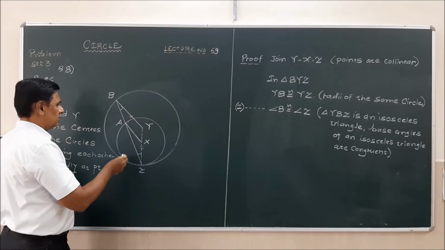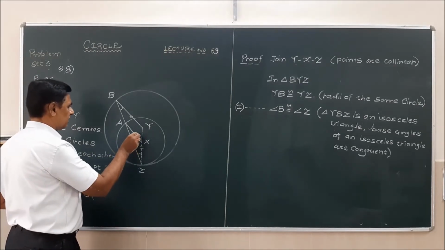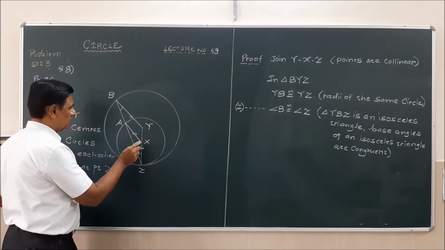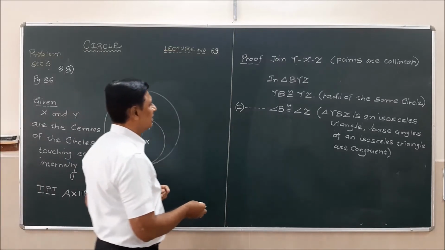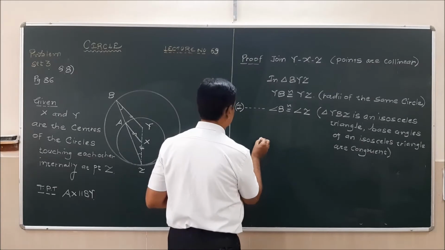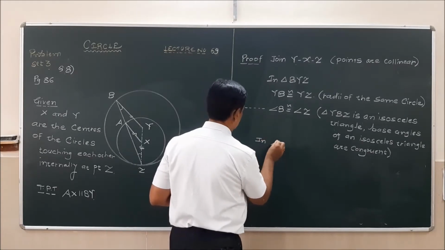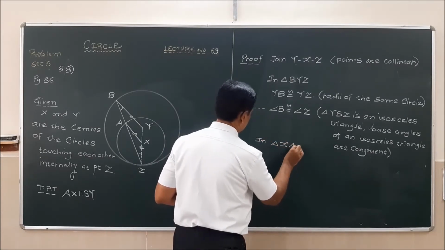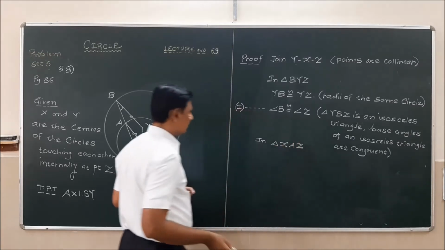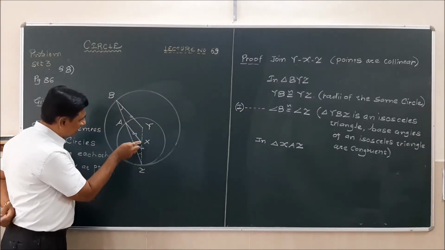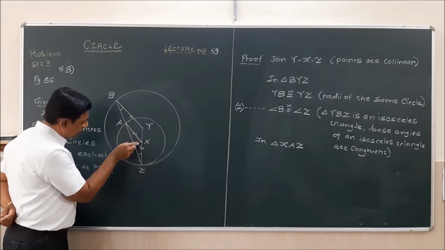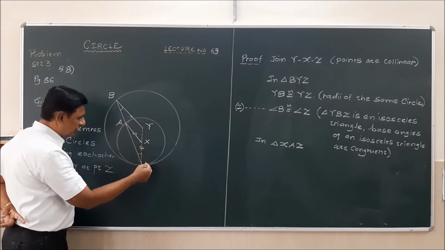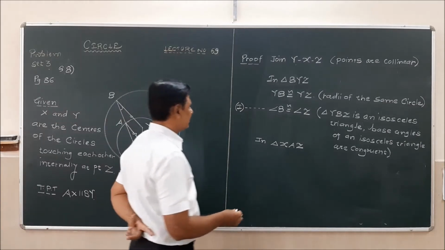Likewise, please try to understand, in triangle XAZ you will notice XA is congruent with XZ.